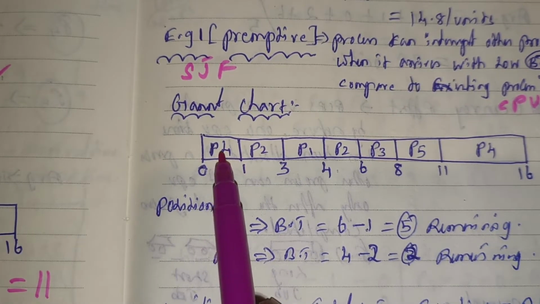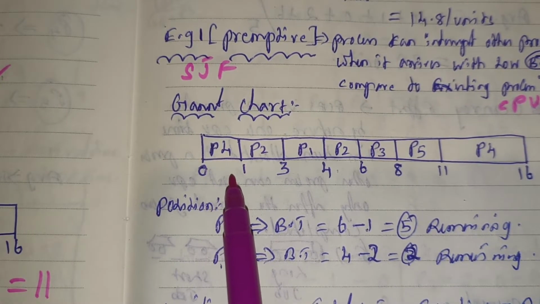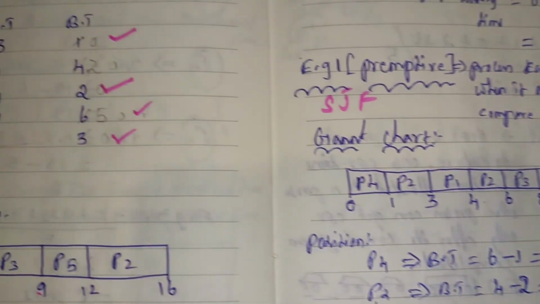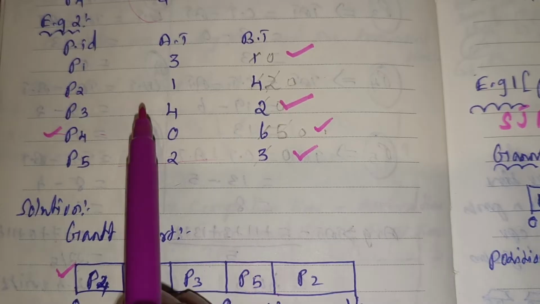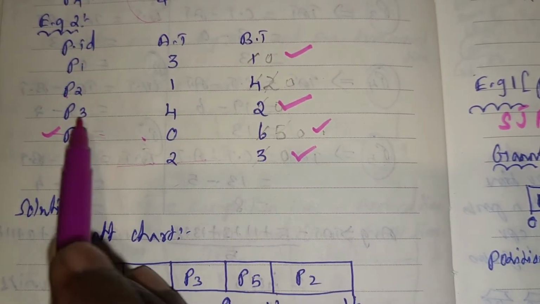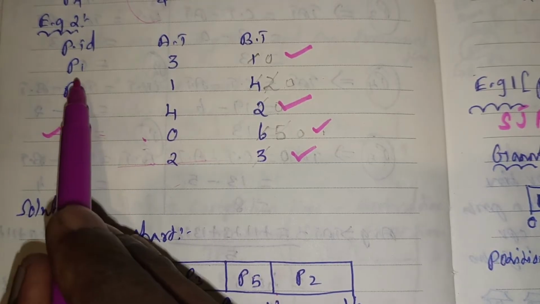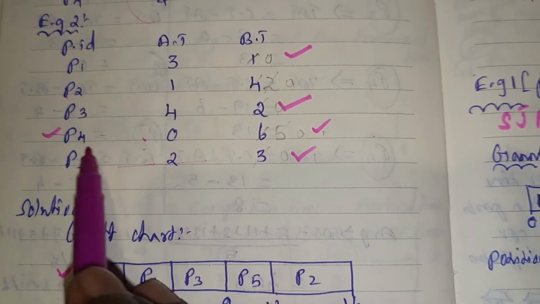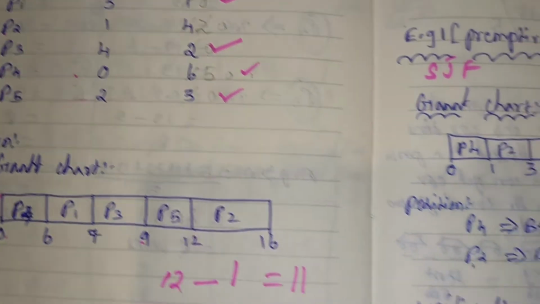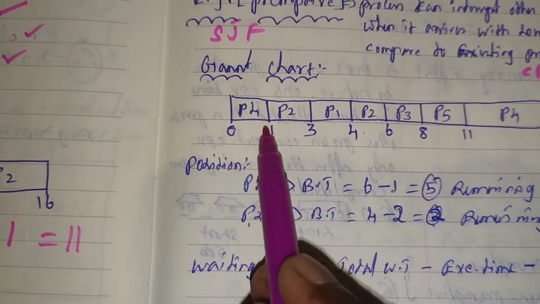So this P4 will run for only 1 second. Because the next arrival is P2, and by the time P2 comes inside, P4 has been executed for 1 unit. You can check it over here, 0 to 1.